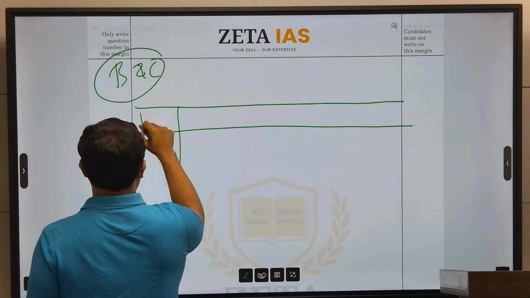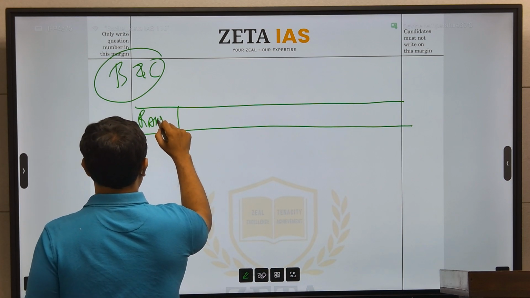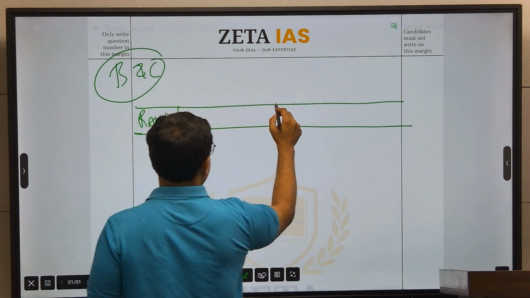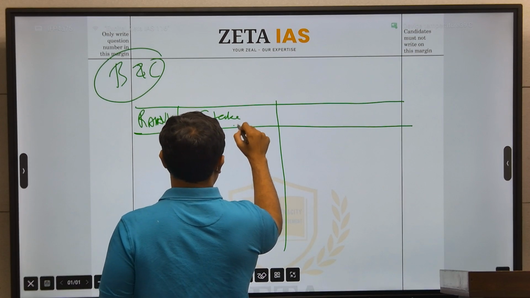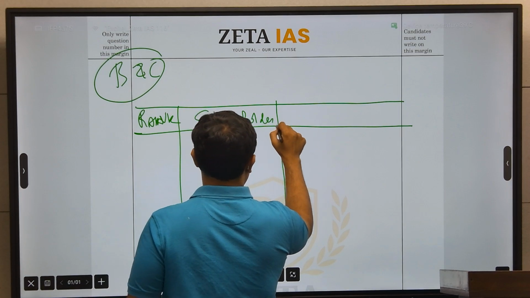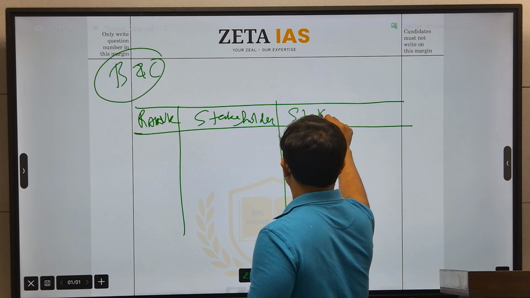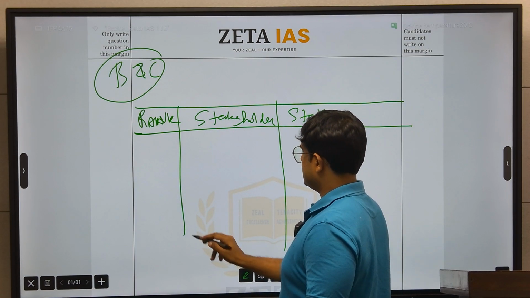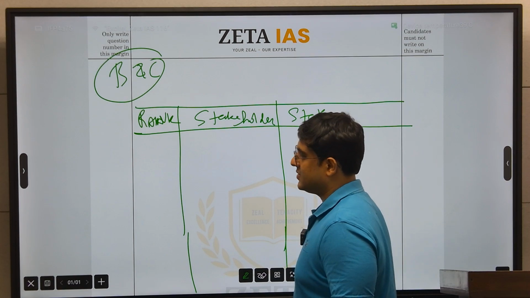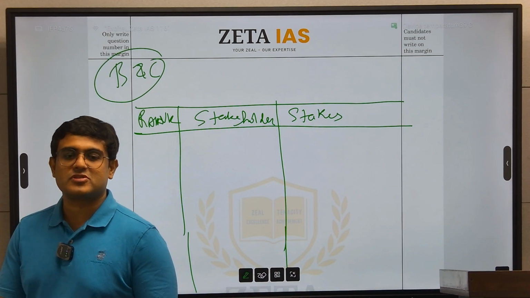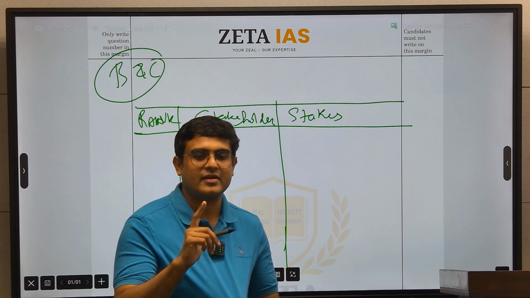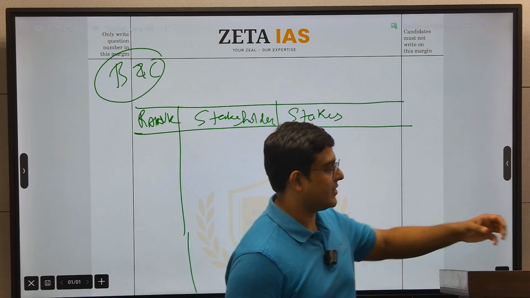Here you write rank, stakeholder, and stakes. This way you can do. Rank means you write rank-wise. First, the most important stakeholder will be 1, 2, 3 and respectively.